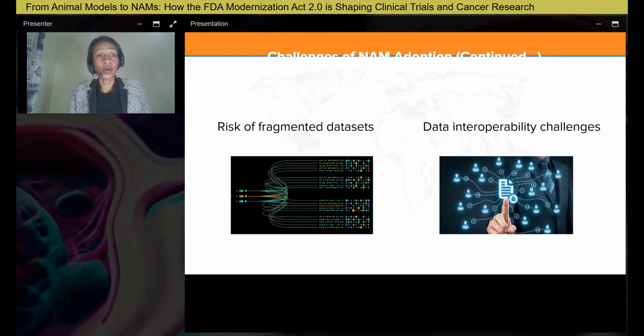And lastly, all these testing methodologies will be introducing new instruments as well as specialized software. So this may mean that at the lab level, you may have data that is trapped in one system and needs to be reconciled with a different system.